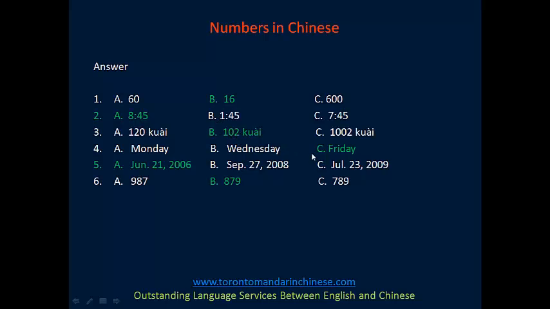Number 4, 星期五, Friday. C is correct. Number 5, 2006年6月21号. A is correct. Number 6, 879. B is correct.